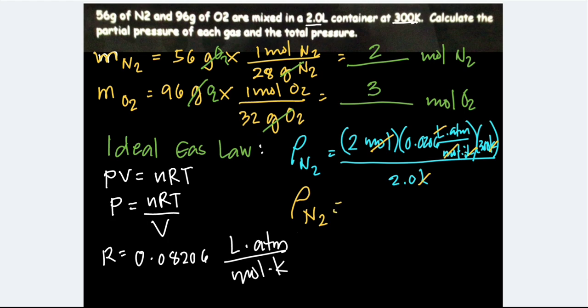So what is that? Can you solve that? Okay, the 2 cancels out because 2 divided by 2 is 1. So you will just have to multiply 300 times 0.08206. You got 6.18.